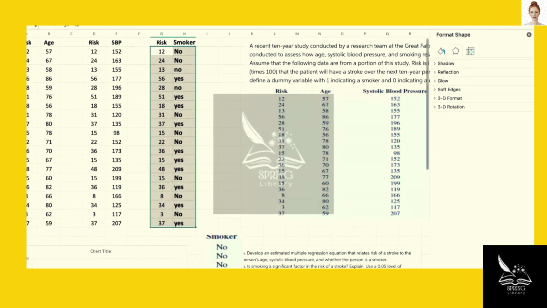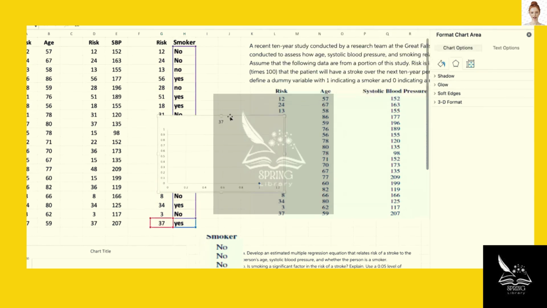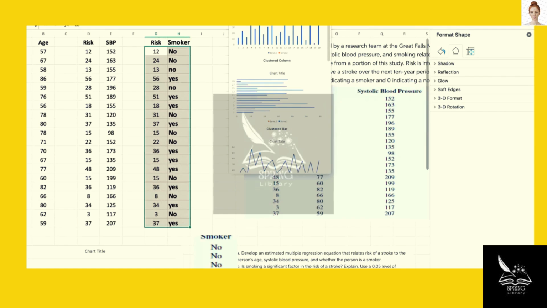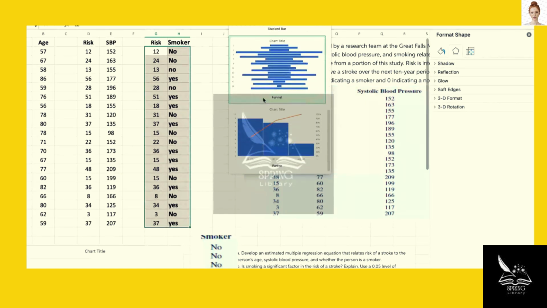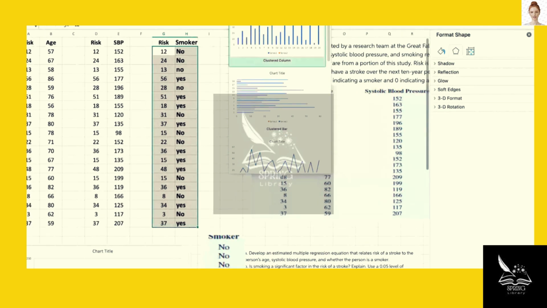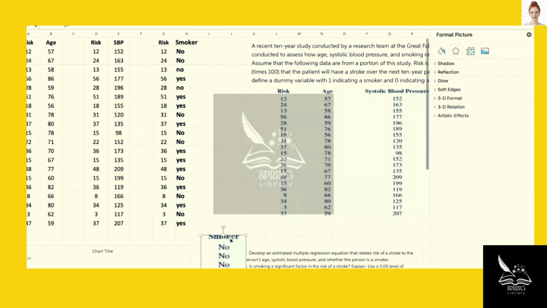Trying to think of what type of representation I could provide with this. Let's take a look at the recommended. So series 1 and series 2. And I think this is looking at it as a number. That's not necessarily what I wanted. Not a bar, because it's looking at risk factor.